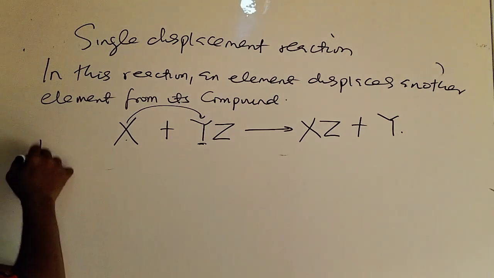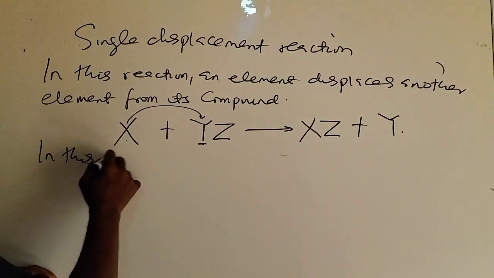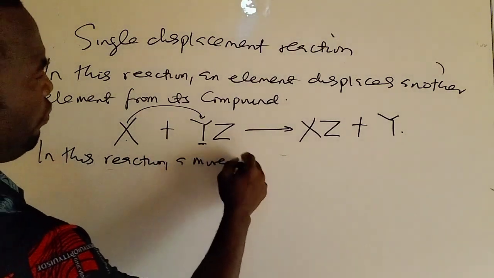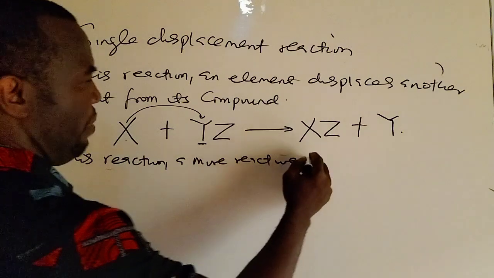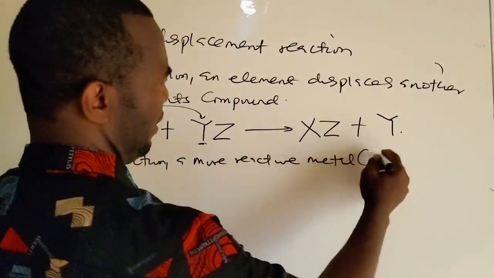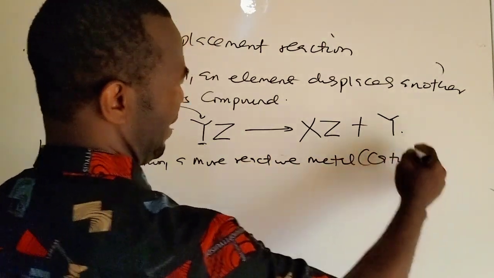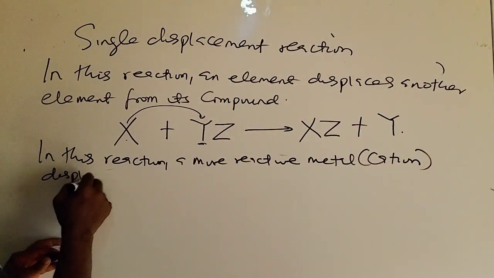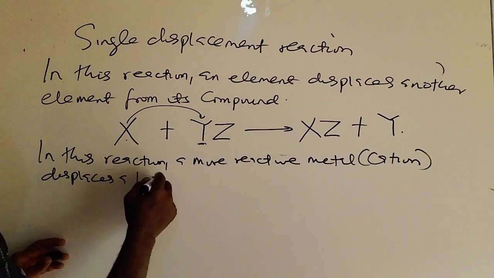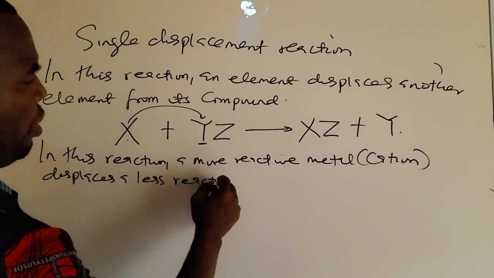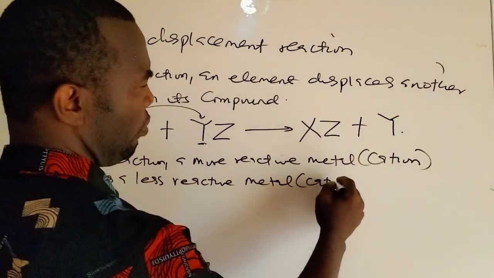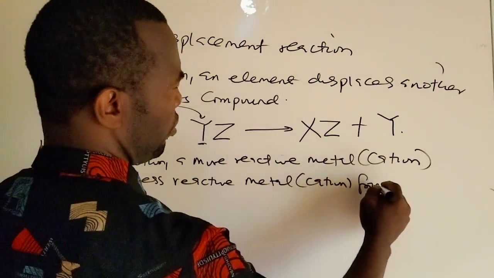So in this reaction, a more reactive or positive metal, or you can say cation, cation means metallic ion or positive ion, displaces a less reactive metal or cation from its source.